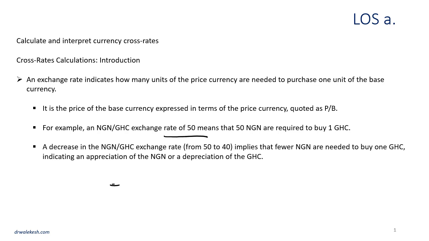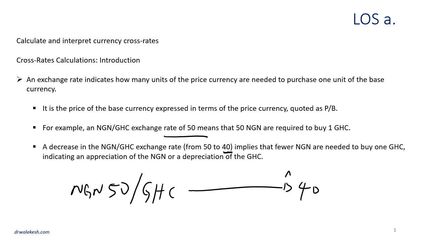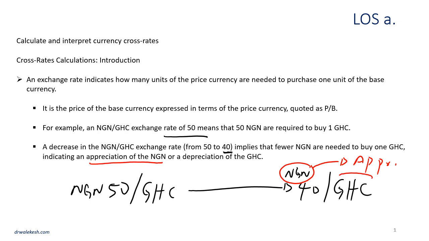If the exchange rate moves from 50 Nigerian naira per Ghanaian cedis to, let's say, 40 Nigerian naira per Ghanaian cedis, here the Nigerian naira has appreciated and the Ghanaian cedis has depreciated.